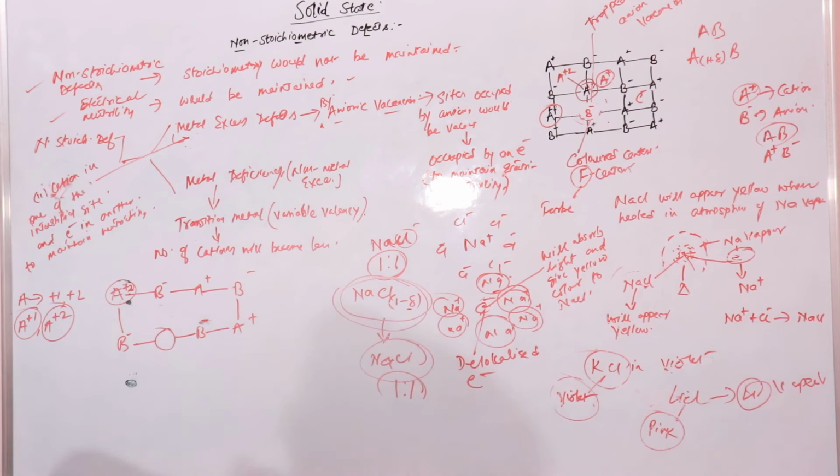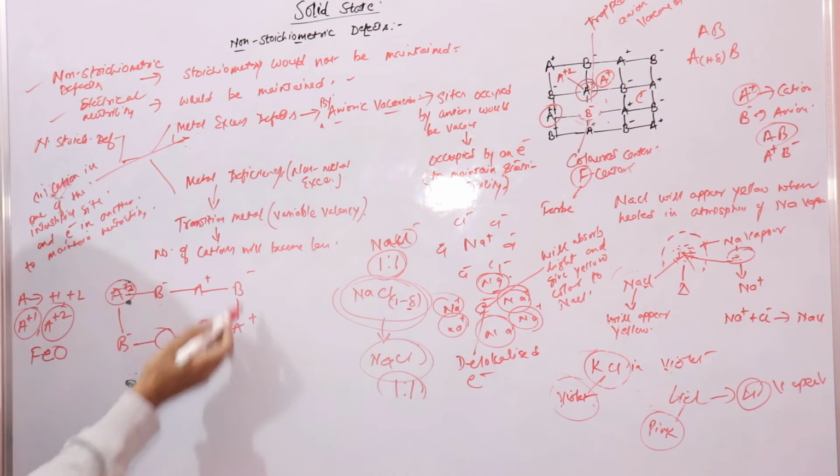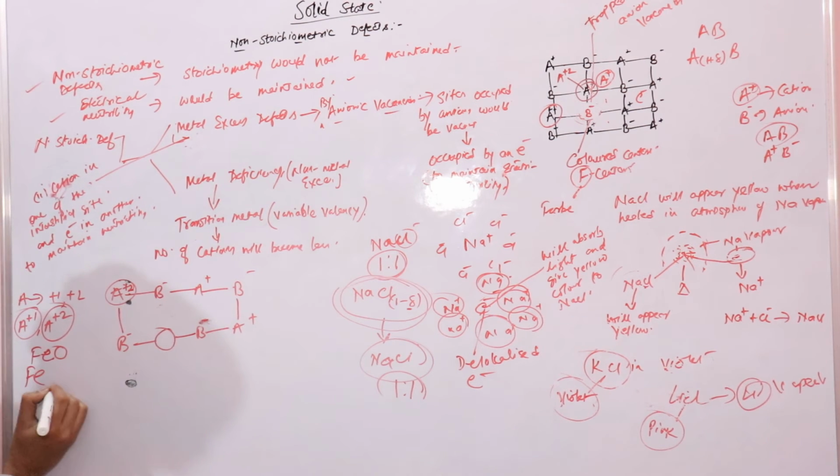So this is your metal deficiency defect, right? And this is shown in compounds like FeO, ferrous oxide, right? So this ferrous oxide is not exactly FeO. Now due to this defect, it will become Fe0.95O. This is how exactly it's written.